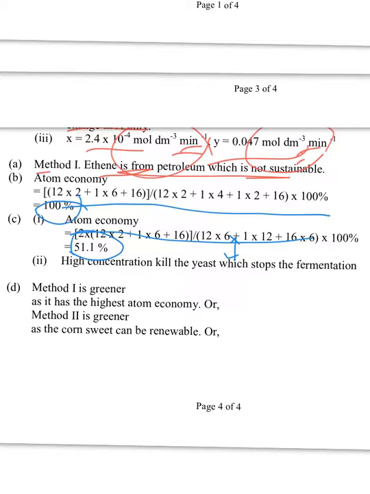Because when you perform fermentation, the higher concentration of ethanol or alcohol will kill the yeast and stop the fermentation. That's why you cannot make so much ethanol, because at a certain percentage, the yeast will stop the reaction. Otherwise, more ethanol produced will make the yeast die. I think you study biology, you should know something like osmosis. Okay? So that's why the yield of this reaction will be lowered.